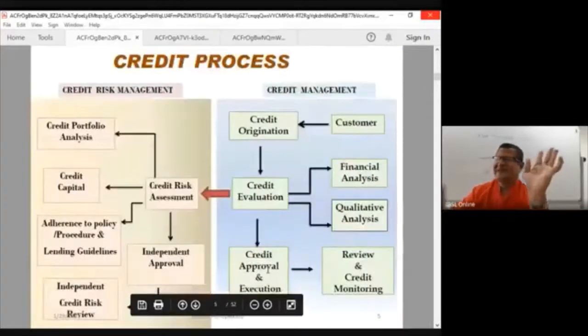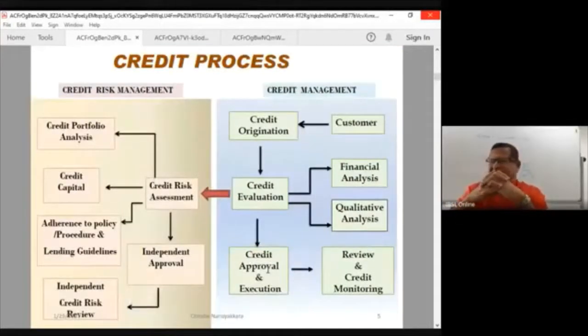You need to understand this credit process well, because credit risk can be mitigated if you do the process right. If you can remember these slides and put them in your answers, you will get the highest marks, because especially credit risk and counterparty risk can be handled with credit management. Mainly credit evaluation will reduce the counterparty risk.